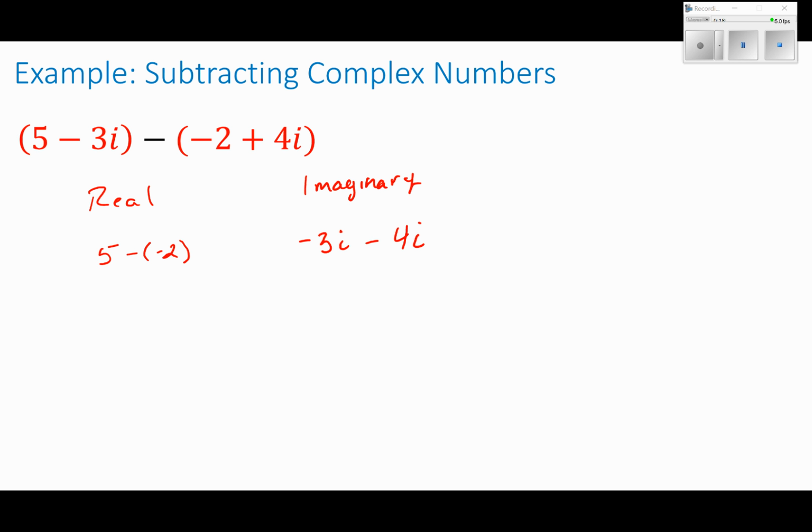It's negative 3i minus 4i. So 5 minus a negative 2 would be 5 plus 2, and so that ends up being 7. Negative 3i minus 4i is a negative 7i. So my final answer on this one, I would have 7 minus 7i.